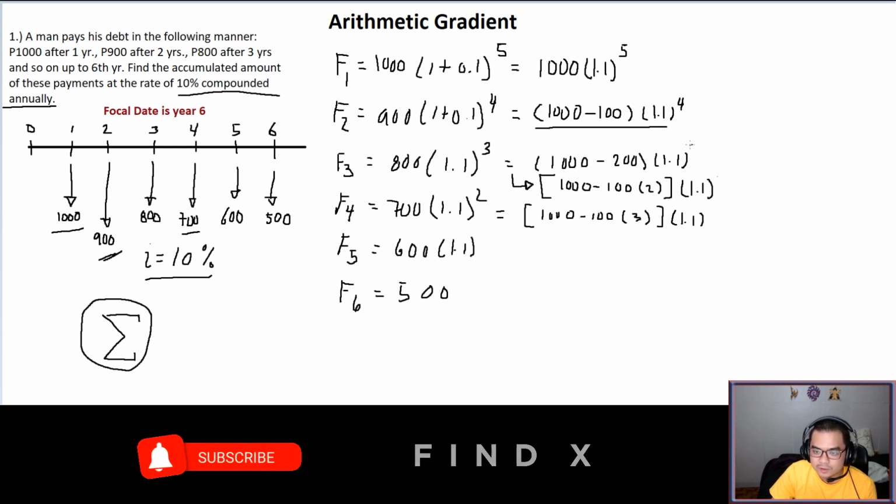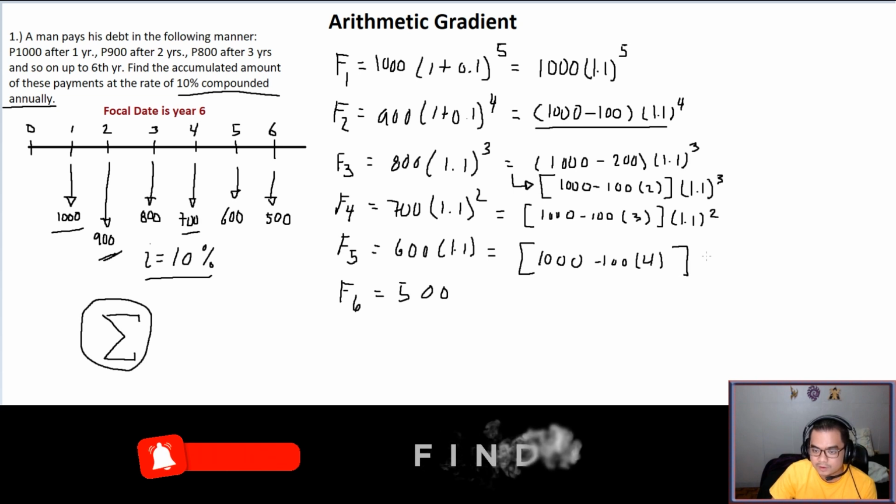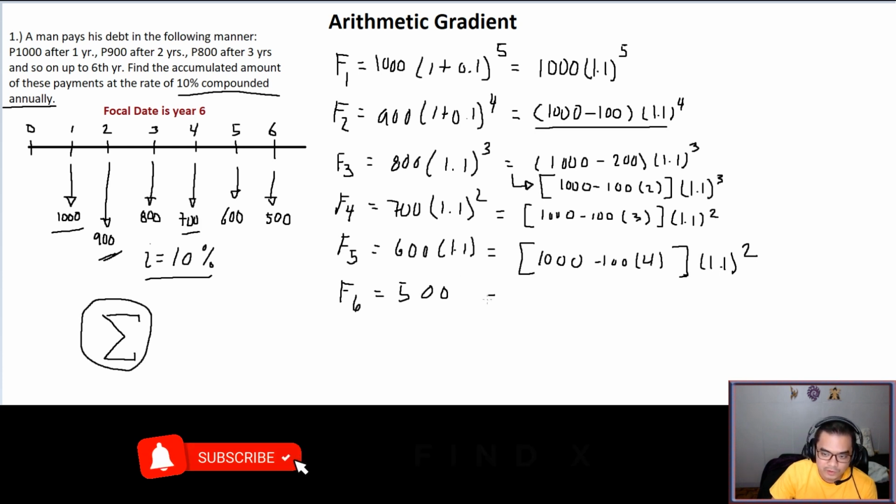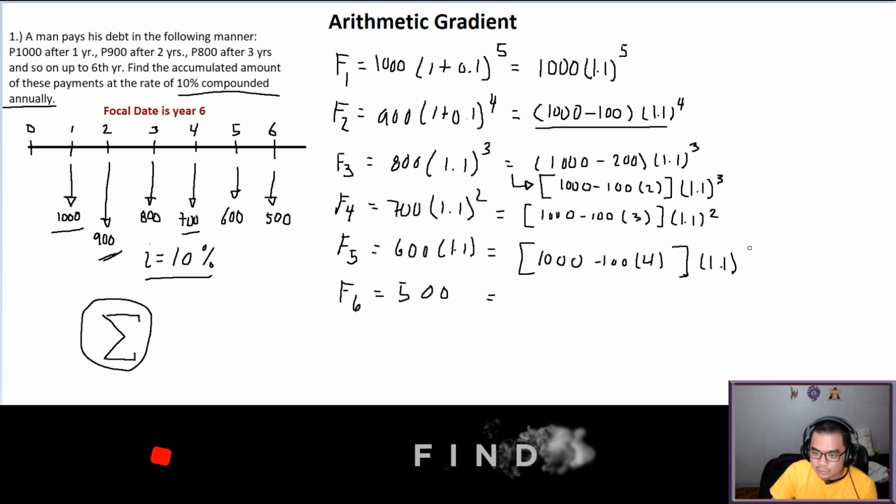So this must be 3, this must be 3, and this must be 2. Okay. And then for this one, this will become now 1000 minus 100 times now 4, 1.1 raised to, no, this is not 2, this must be 1.